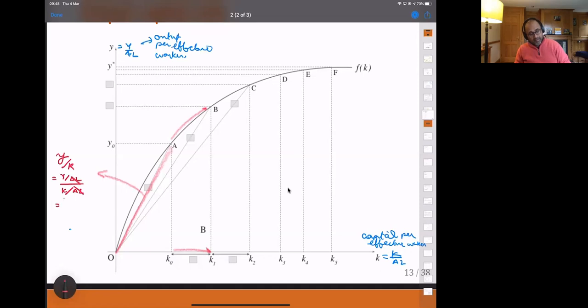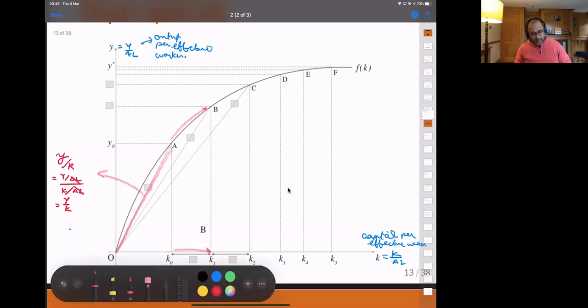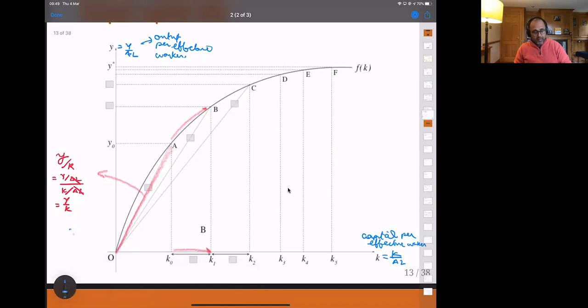Cancel these out, and it gives you Y over K, which is output per unit of capital. So the slope of the line gives you output per unit of capital. And when you move to point B, this is the slope of the line. The first thing you notice is the slope of the line has become flatter, and the slope of the line, we'll find, is crucial for us.